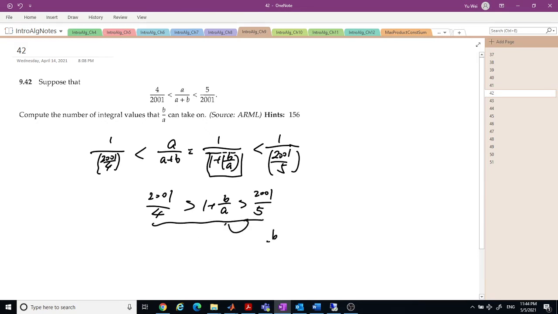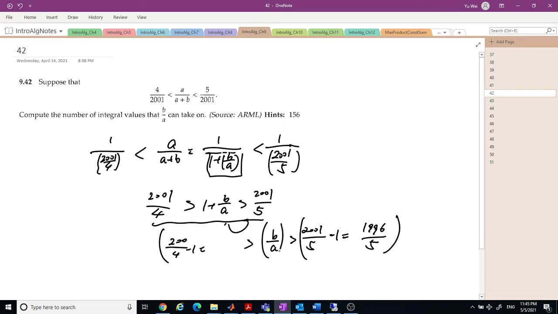It gives us b over a is greater than 2001 minus 1 over 5, and this side gives us that it should be less than 2001 over 4 minus 1. Okay, so this is the range.